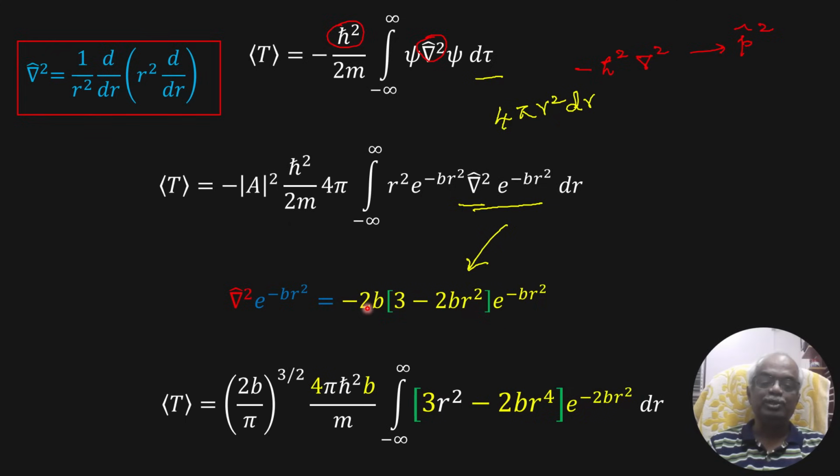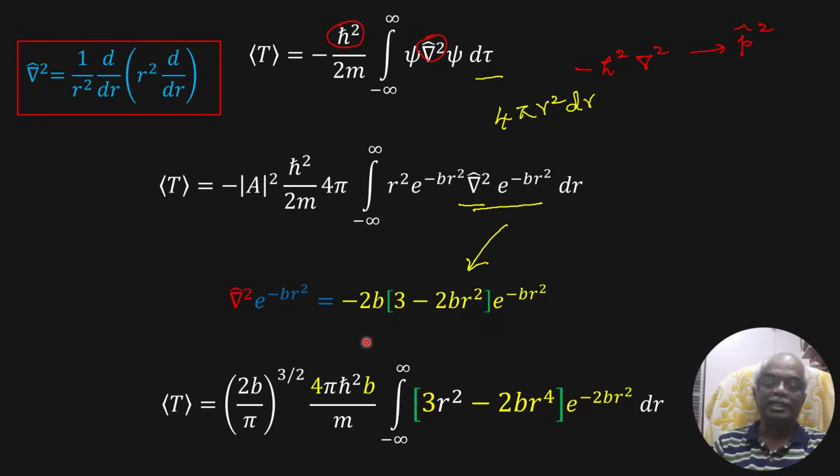Which is equal to minus 2p times 3 minus 2p r squared, times e power minus p r squared. So now you replace del squared with this in the exponential term.